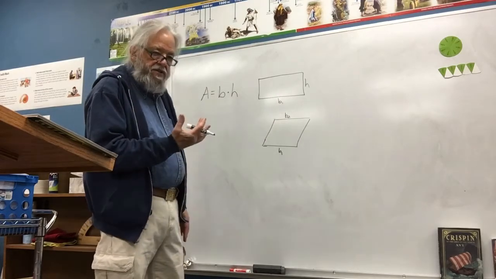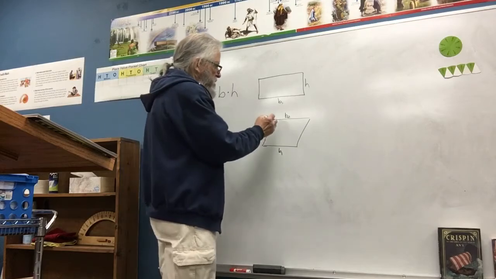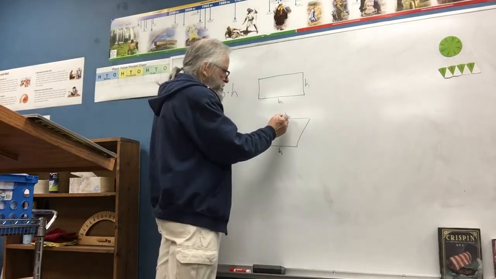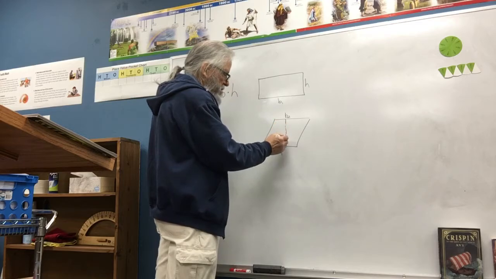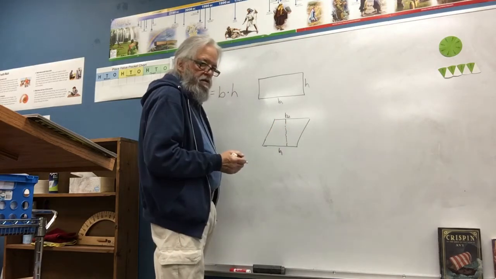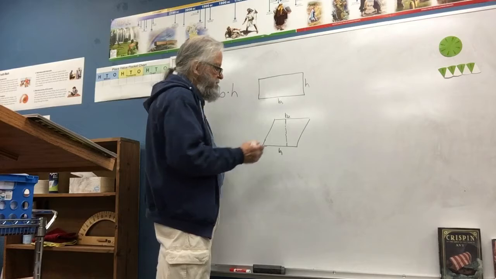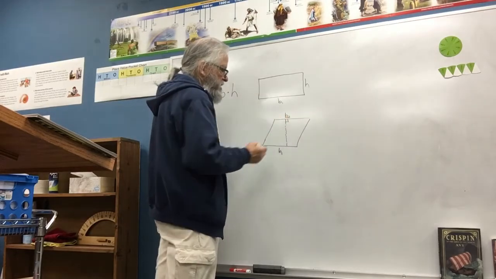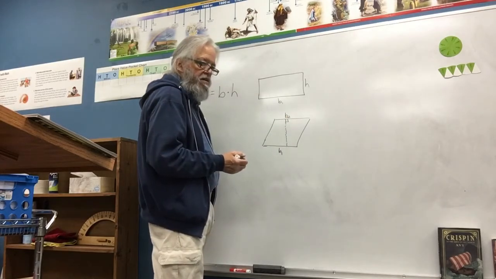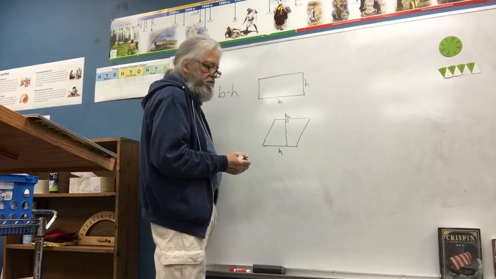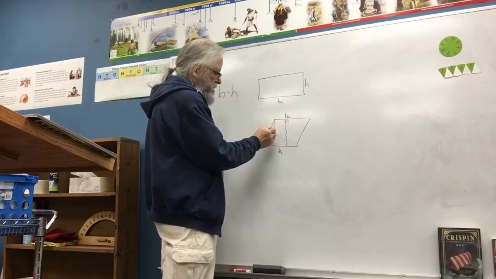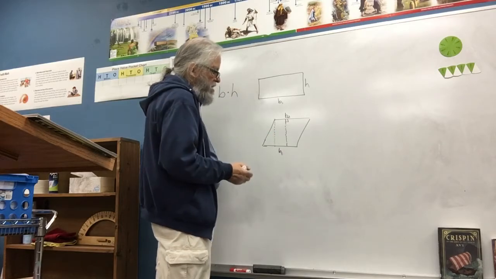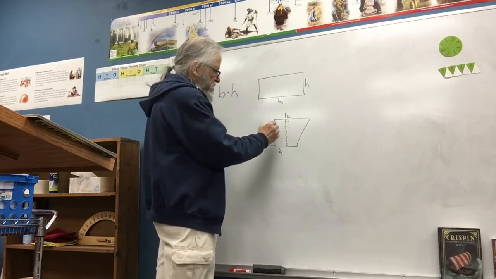You've got two bases, and you actually could draw a perpendicular line anywhere between those two bases, as long as this is truly perpendicular. Okay? A lot of times you'll see it, and when I was doing the things yesterday, I was drawing the height over here.